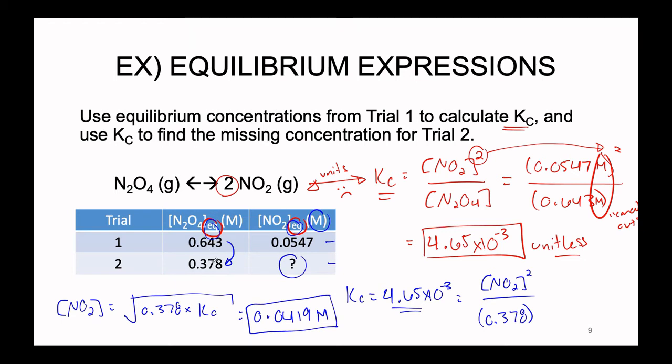What this means is that the concentration of our product must also decrease between trials 1 and 2. This is because we still want that ratio of product to reactant to be the same. Well, if your reactant decreases, then your product must also decrease to keep this ratio mathematically equivalent.